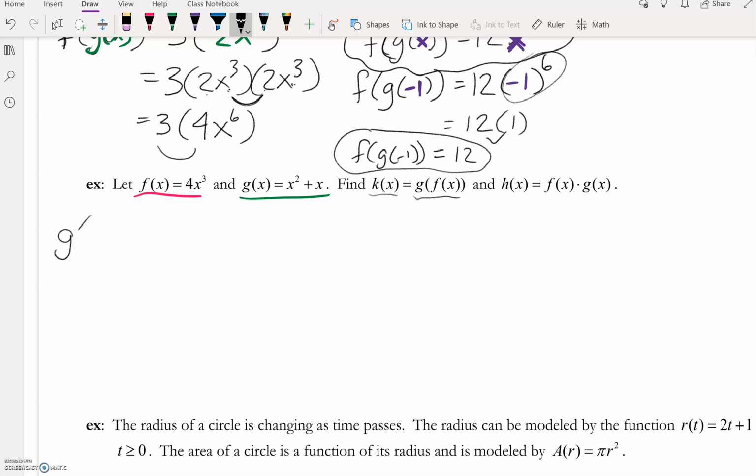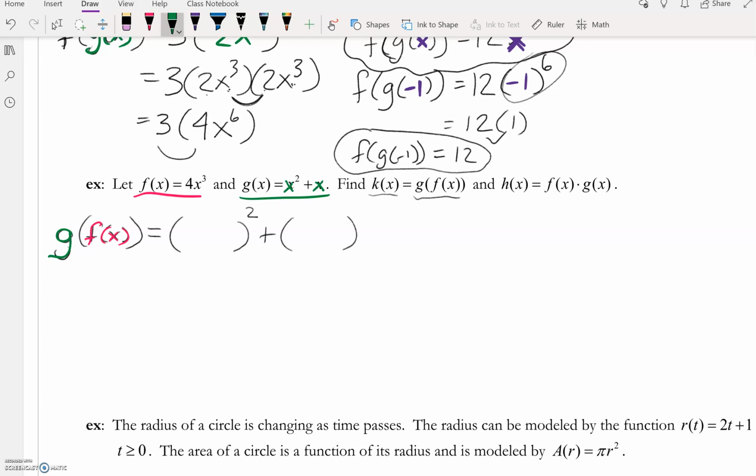So let's write it down. I've got g of f of x. What this is telling me is I'm going to be looking at my g function, the one in green, and everywhere that I see an x in that function, I'm going to need to plug in all of my f of x function. So I've got x squared, so I'm going to put parentheses, x squared, and then plus another x.